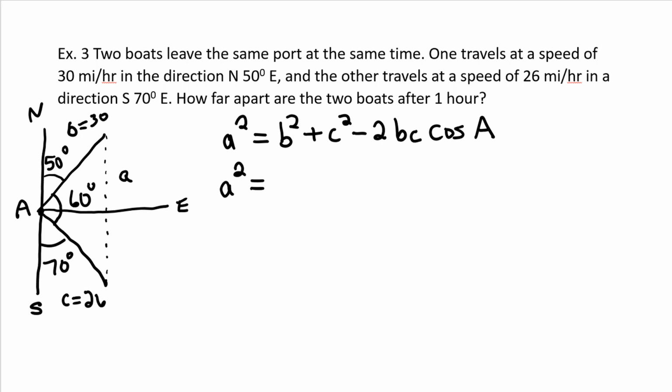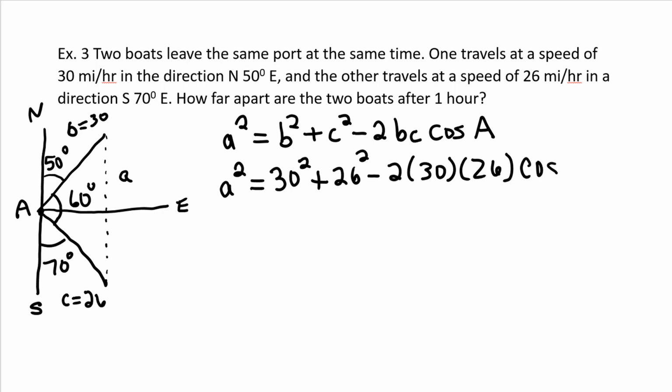A squared is equal to the length B, I just computed it. What is it? Oh, 30 squared. C is 26 squared minus 2 times 30 times 26, and then we have the cosine of, we figured that out to be 60 degrees.